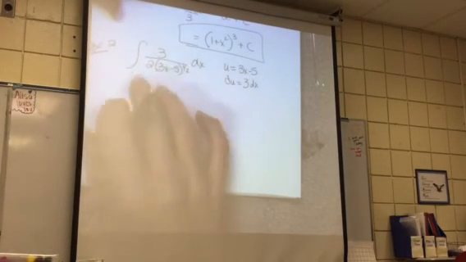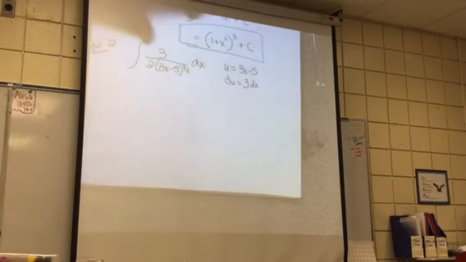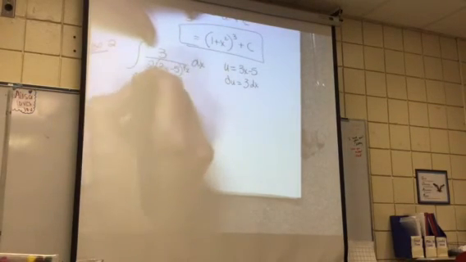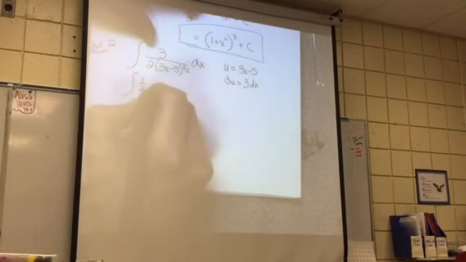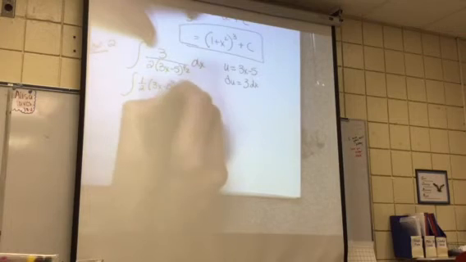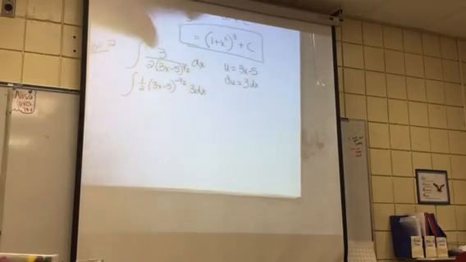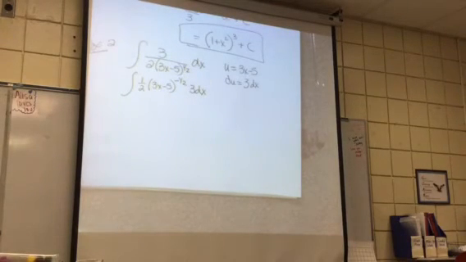Does this integrand contain a 3 dx? Yes, it does. So what I'd like to do is rewrite it this way. Couldn't I pull that 1/2 out? And then I would have 3x minus 5 to the negative 1/2, and then times 3 dx. You see how I just expanded that integrand. I haven't changed anything yet.